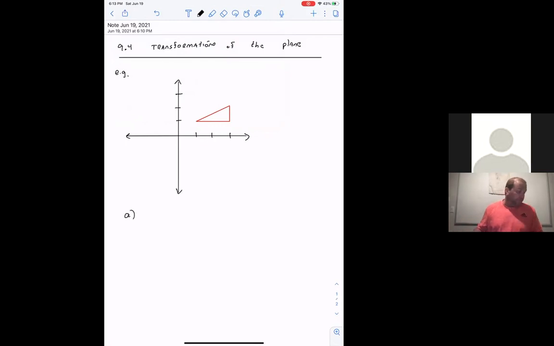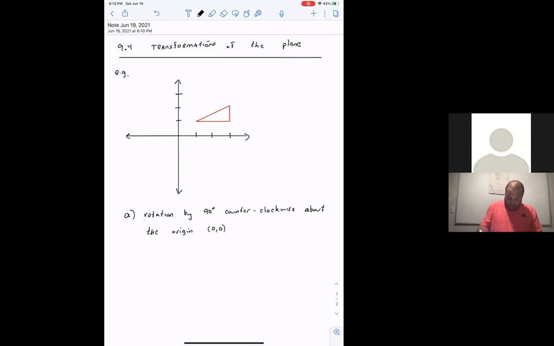Part A says, draw the image of the triangle after a rotation by 90 degrees counterclockwise about the origin, or the point 0, 0.